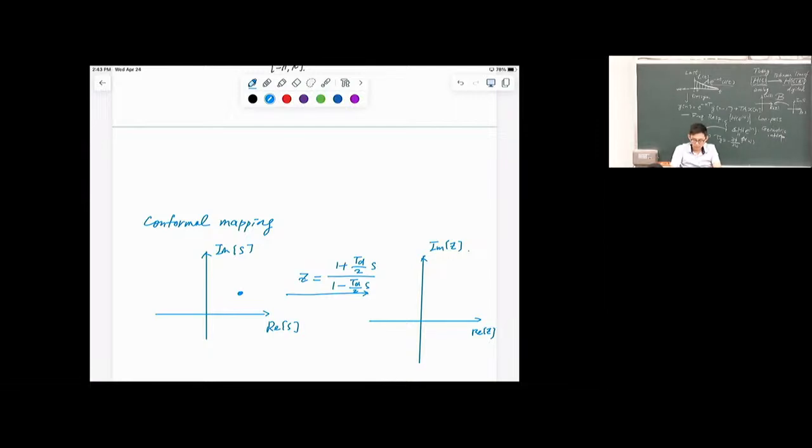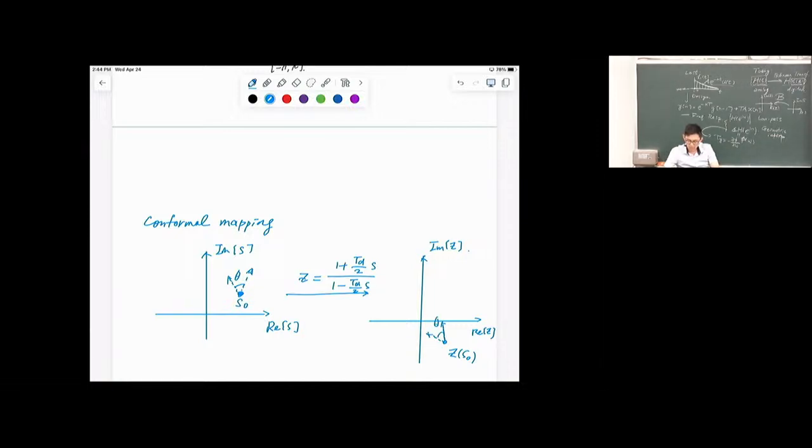If you create a map from one point s0 to a point z of s0, and you consider two paths which go through the point with an angle of theta, then if you map the paths locally, even though the direction might change, the angle is preserved.